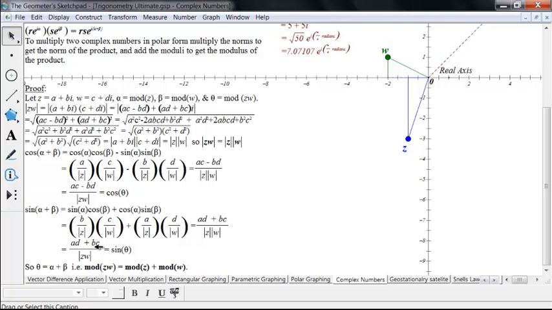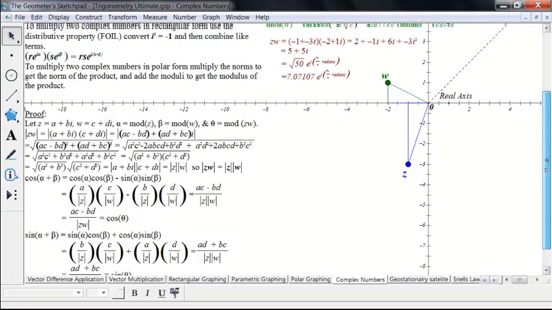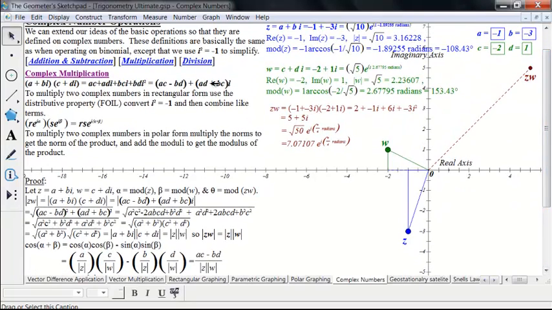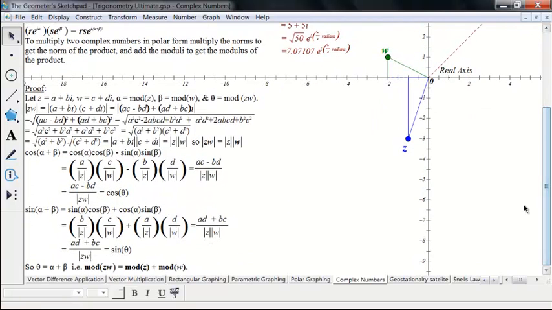And notice, once again, norm of z times norm of w from our previous step is norm of zw. And if we look at zw, here's zw, this product right here, that's going to be ad plus bc, the imaginary part, and we put that over the size of zw, that's the sine of the angle.